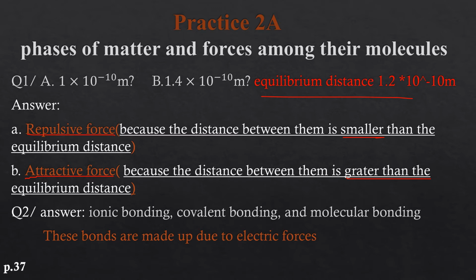Question 2. What are the 3 types of bonds among atoms? Are these bonds due to electric force or due to gravitational attraction? The answer: we have 3 types of bond. One of them is ionic bonding, and then covalent bonding, and also molecular bonding.